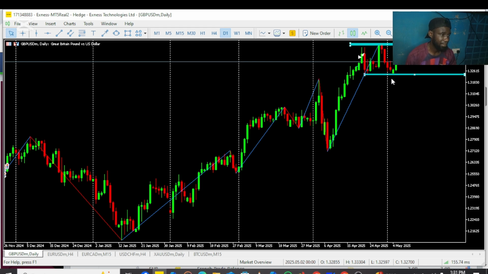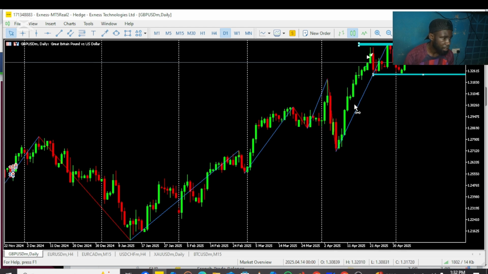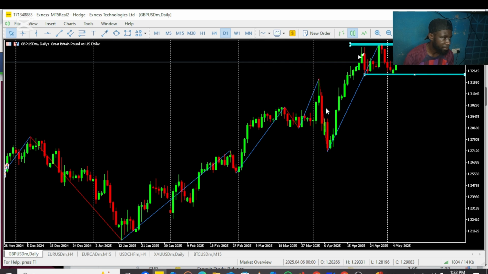It is uptrend because this pullback couldn't break this previous support over here. So on the daily time frame, the trend is uptrend.